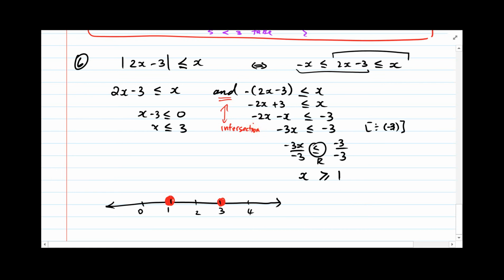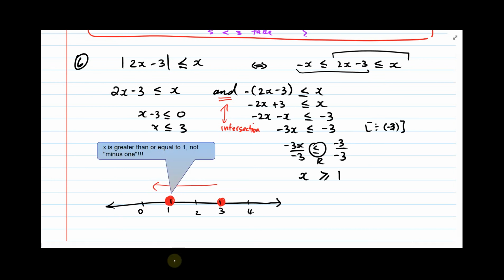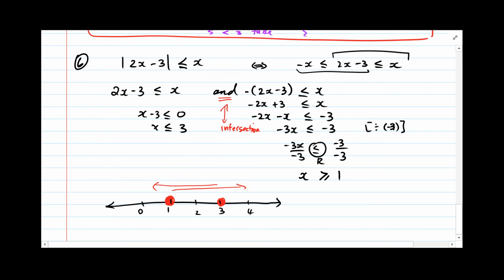Now for x being less than 3, you would be moving this way. X being greater than 1 would be everything going that way. Where do they overlap? Where do they intersect? Well, they intersect right here in the middle.